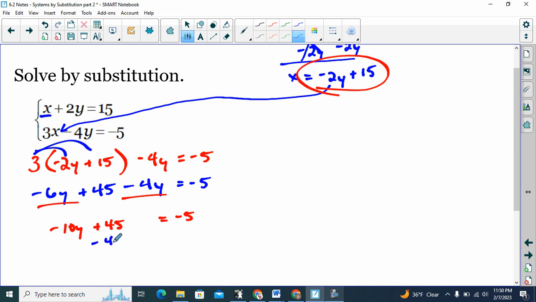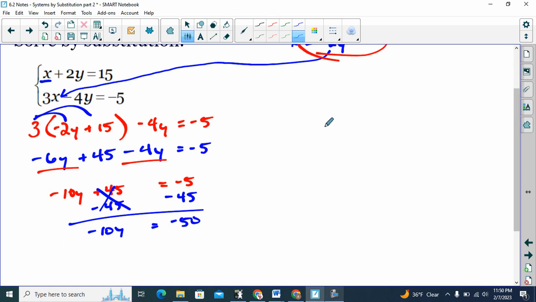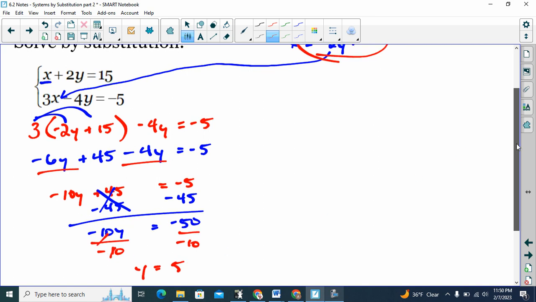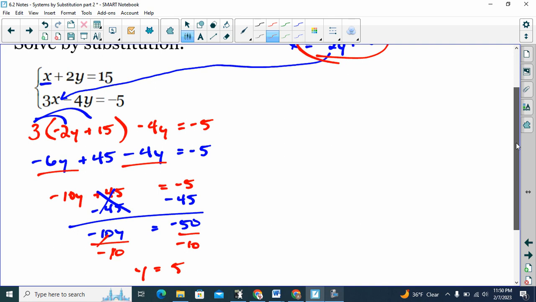Subtract 45. And finally, divide both sides by negative 10. I get y equals 5.